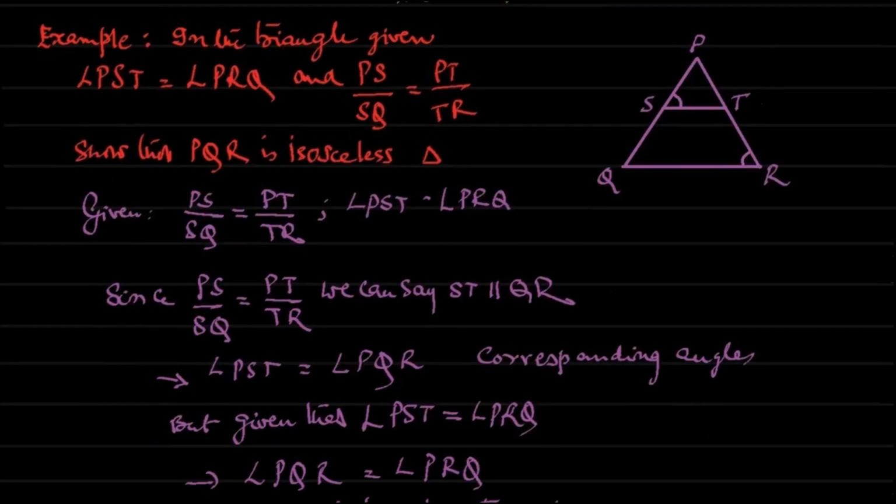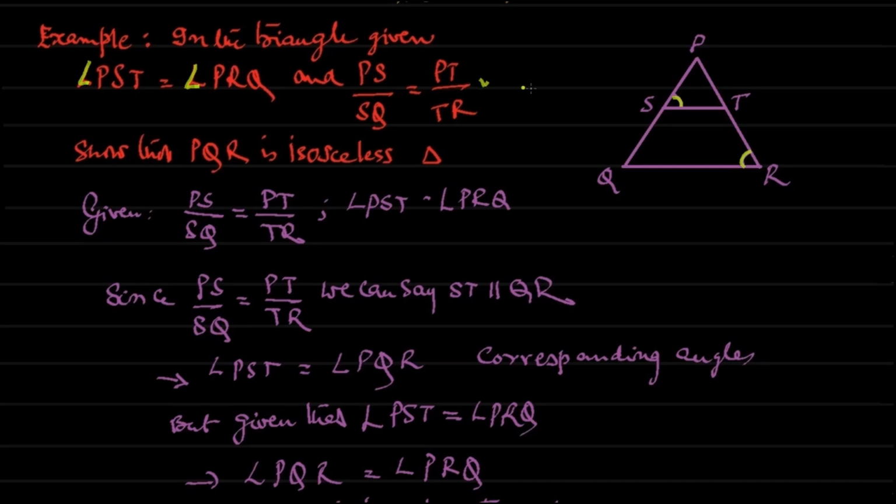Example. In the triangle given, angle PST equal to angle PRQ. This is what we have.